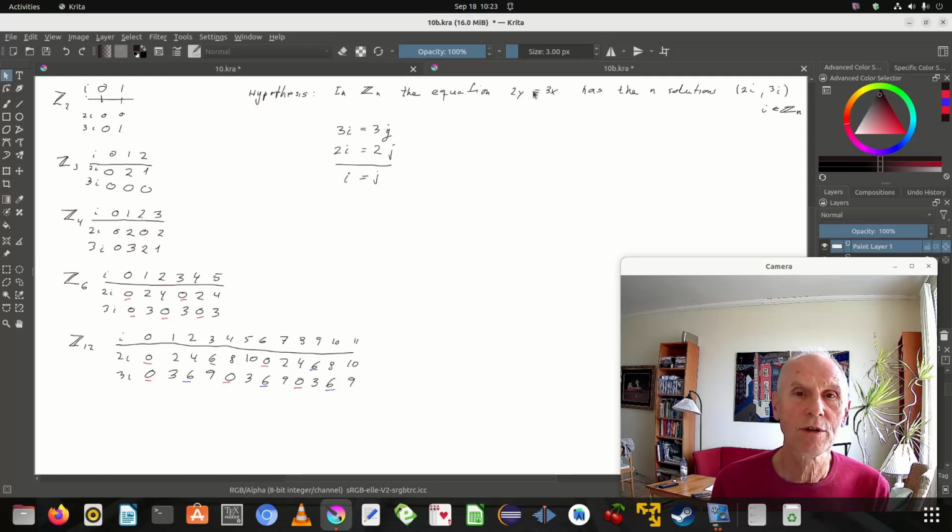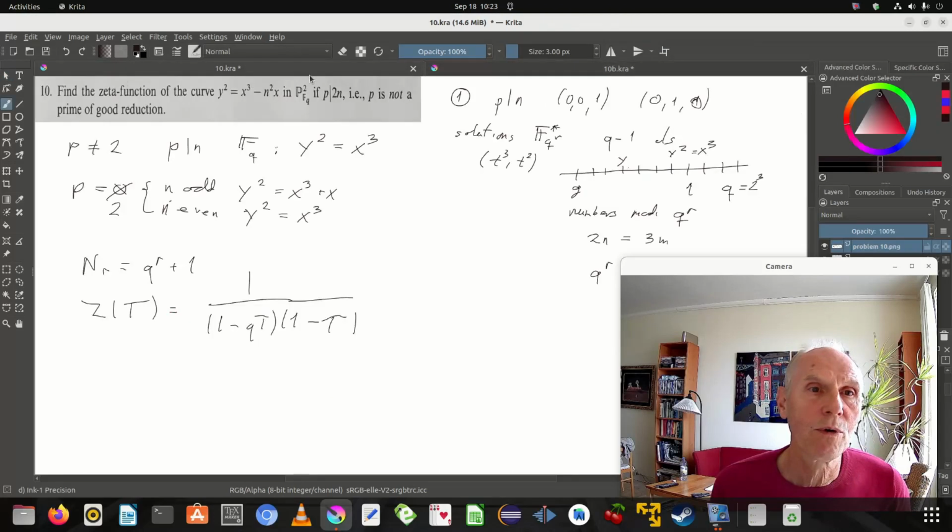That was as far as I've come, working on the case that p divides n. The next one we need to work on is if p is 2 and n is odd.